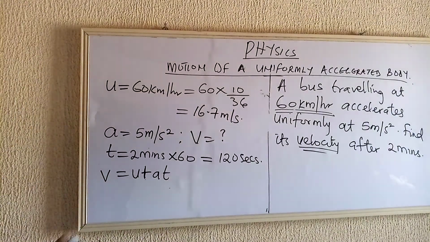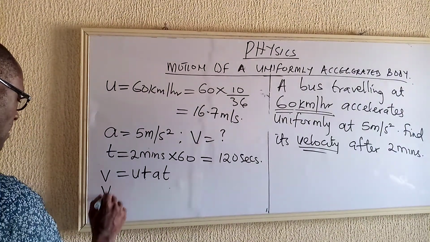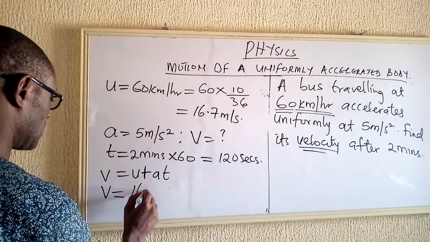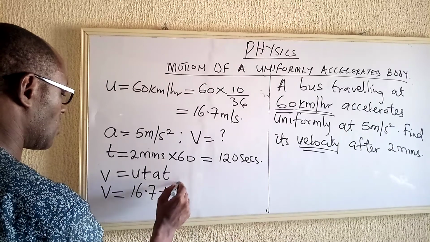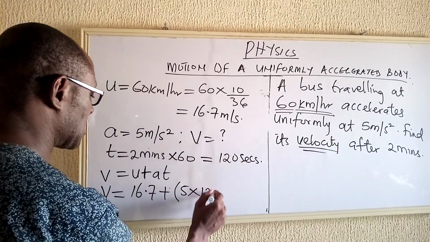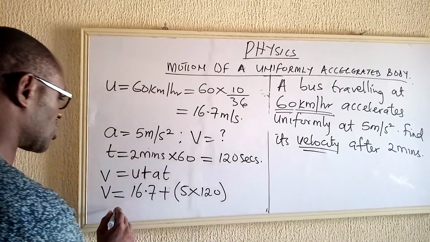So by substitution, U will be replaced with 16.7. Acceleration is 5 times 120. Let's do the calculation.